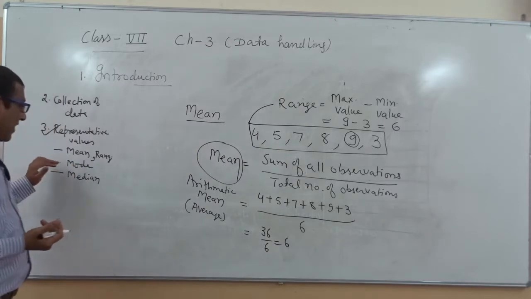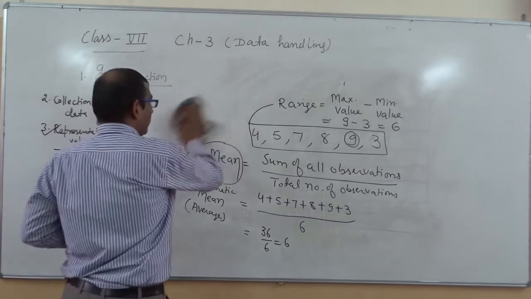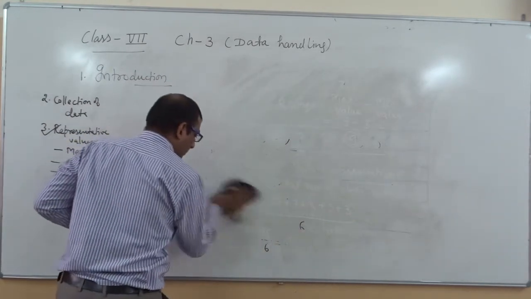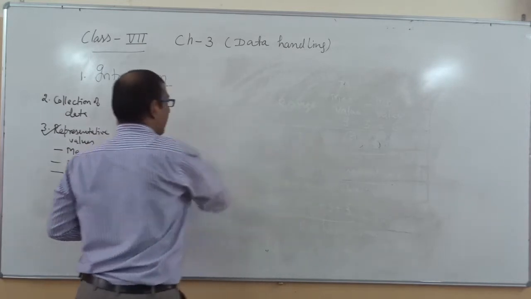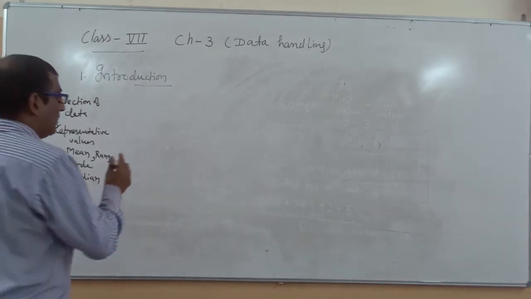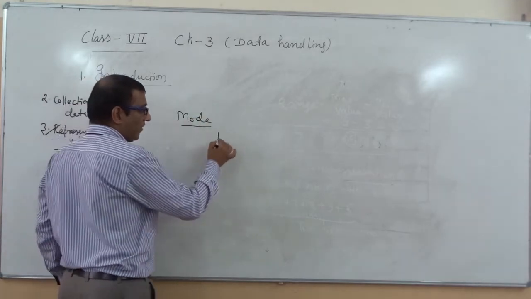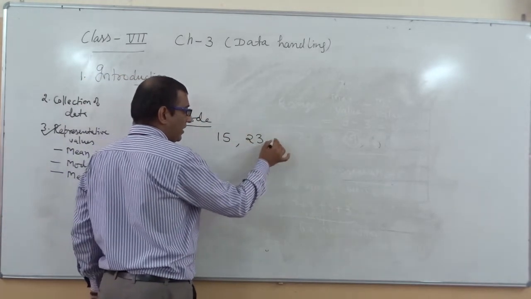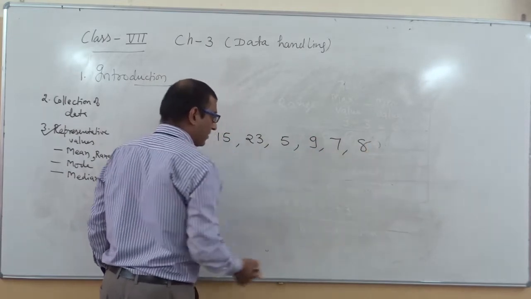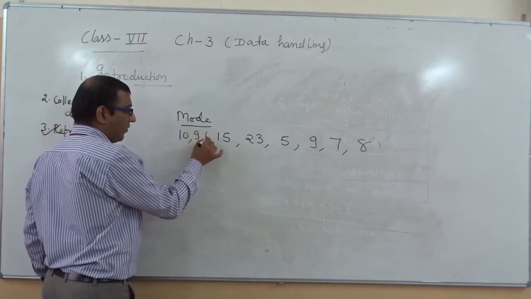Now we will come to the second point, that is mode. How can we calculate the mode? This time I will take one more example. If I say the given observations are 15, 23, 5, 9, 7, 8, and we will take one more, 10, 9 and 6.